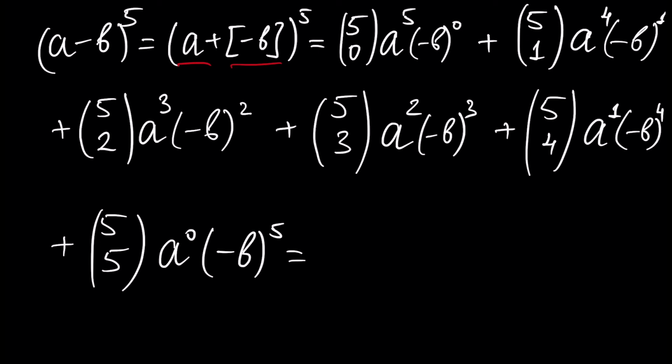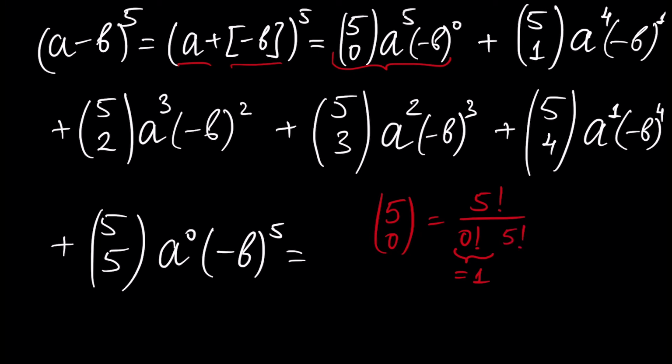And if we calculate these expressions, we can see that 5 choose 0 will be 1. We can calculate this easily because 5 choose 0 is equal to 5 factorial over 0 factorial, which is equal to 1 by definition, actually. And 5 minus 0 is again 5 factorial. 5 factorial over 5 factorial will be 1.